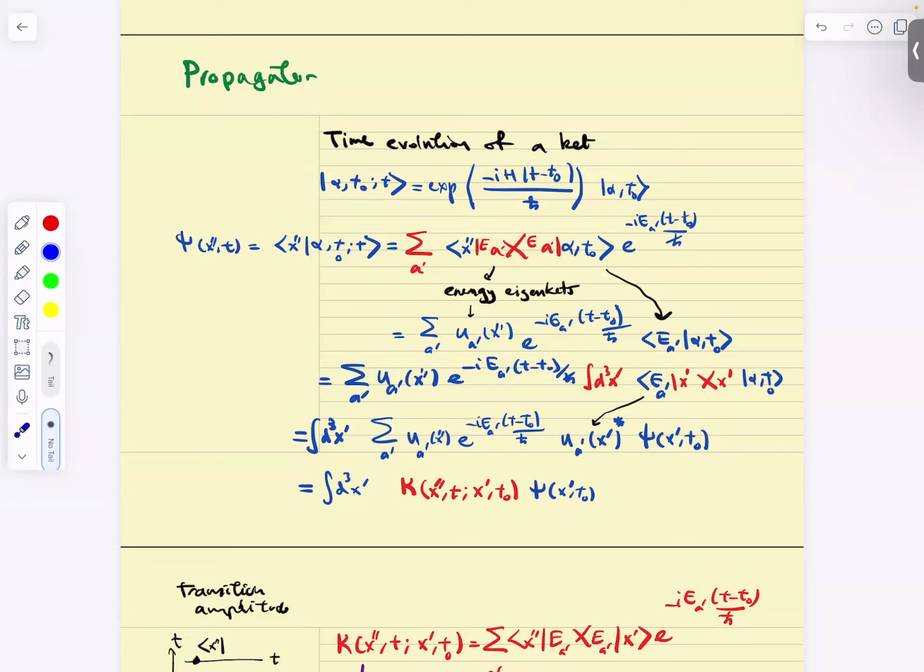So now this guy can come here, go through this path. I wish I had color, it could do this path. So the amplitude to go from here to here becomes something like this.